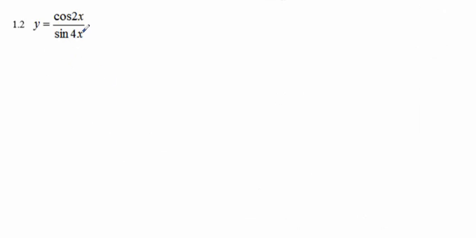Now in the next exercise, you can see here we've got a quotient, and as you can see, we've got two functions there. The numerator is y equals cosine 2x, and the denominator is y equals sine 4x. This is exactly the situation which needs us to apply our quotient rule.